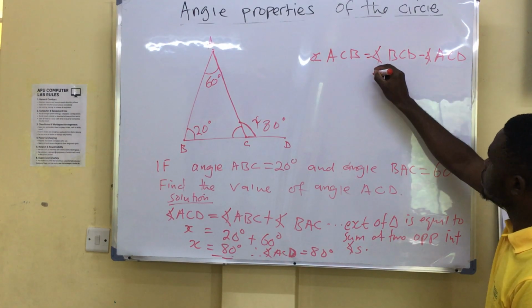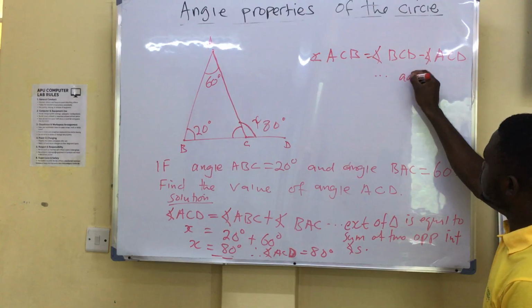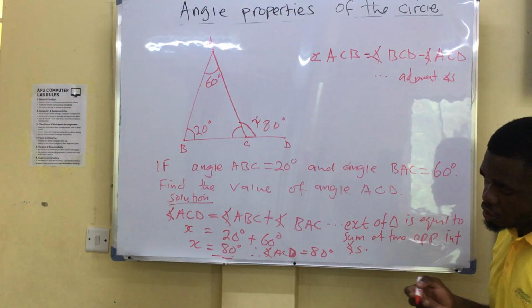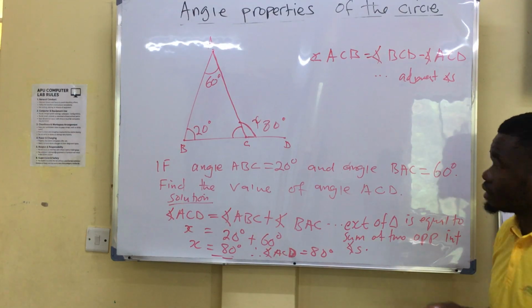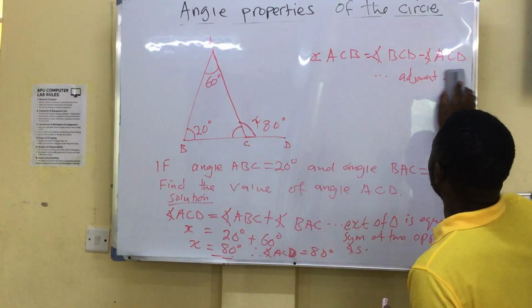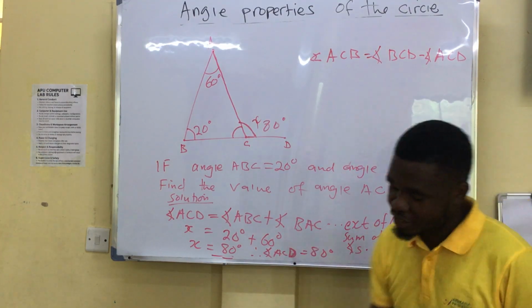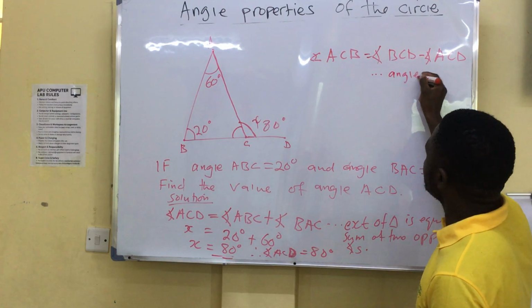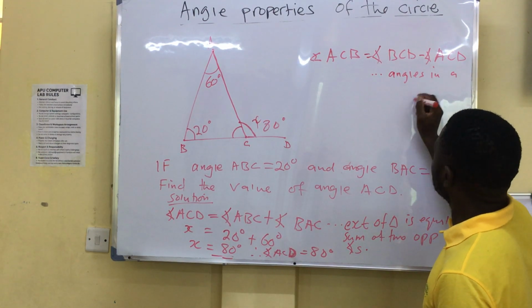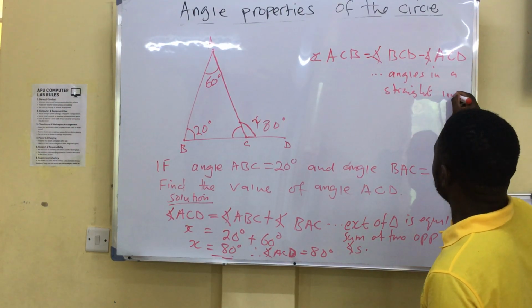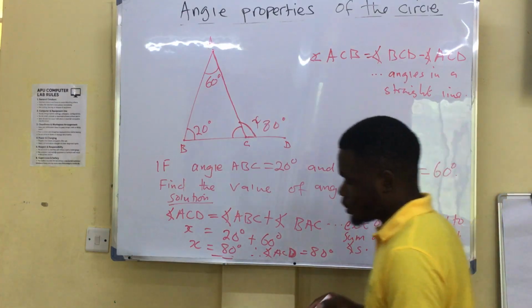Reason: adjacent angles or angles in a straight line. Okay, let's use angles in a straight line because some of you know angles in a straight line. So don't write adjacent angles as the reason. Angles in a straight line.